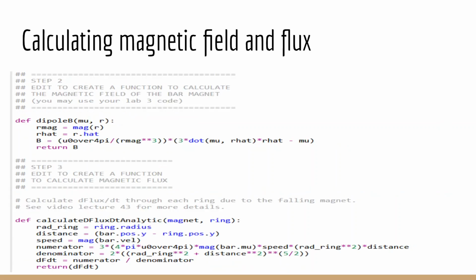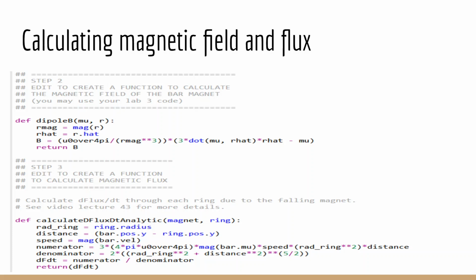Then we created 2 functions, one to calculate the magnetic field of the bar magnet. It was called dipole B, and it used the Biot-Savart law equation.